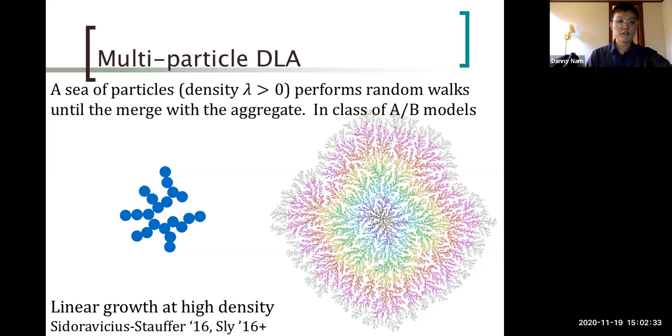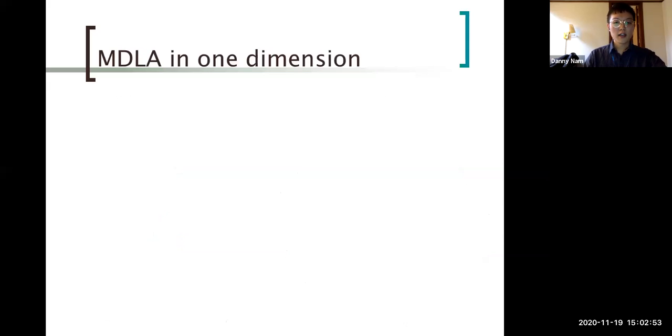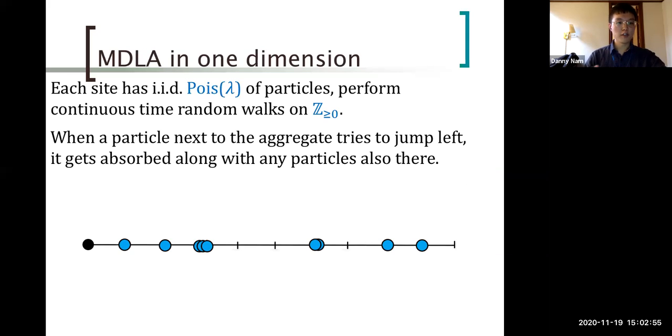This is proved by Sidoravicius, Stauffer, and Sly for lambda that exceeds certain values, essentially for a large enough lambda. When the dimension is 1, it's expected to show a different behavior, and that will be the focus of today's talk. I'll begin with introducing the model more formally.